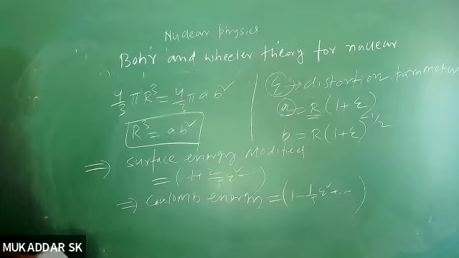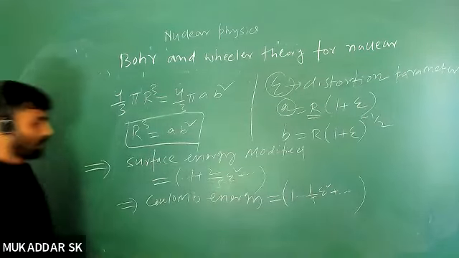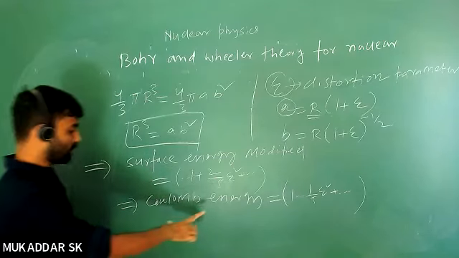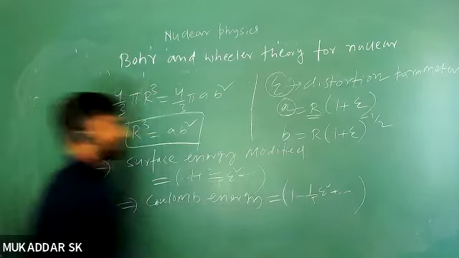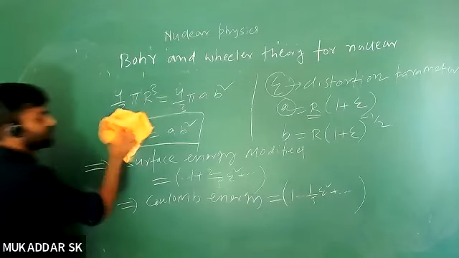So this is the modified factor of surface energy, and this is the Coulomb energy modified factor due to change in shape. Now, what will be the change in energy?